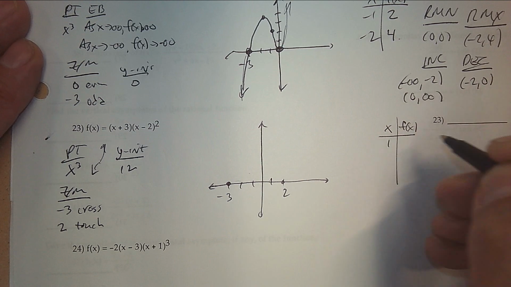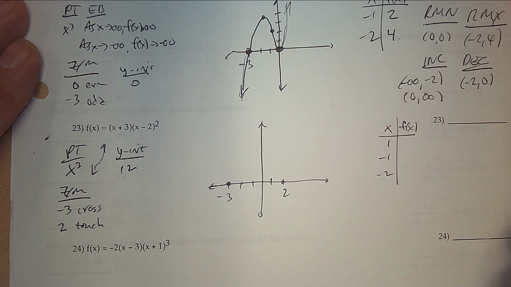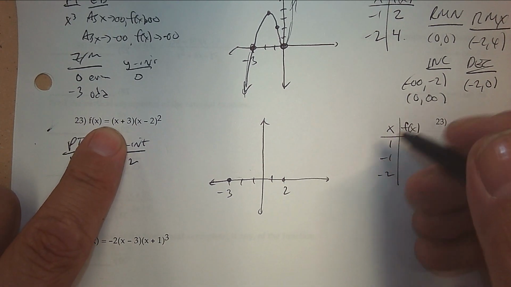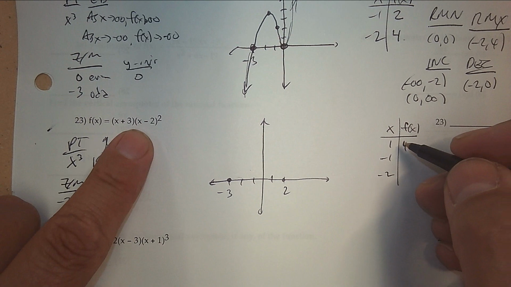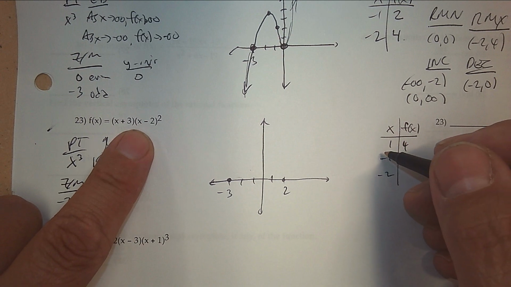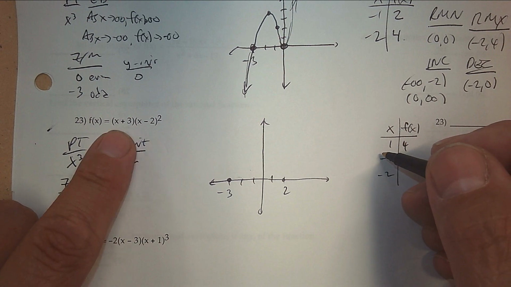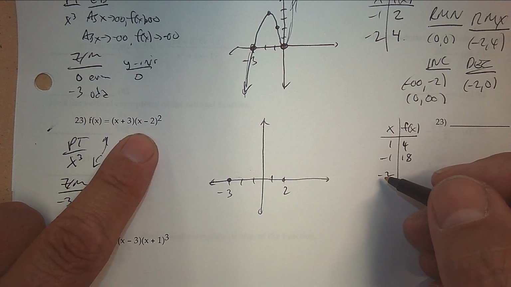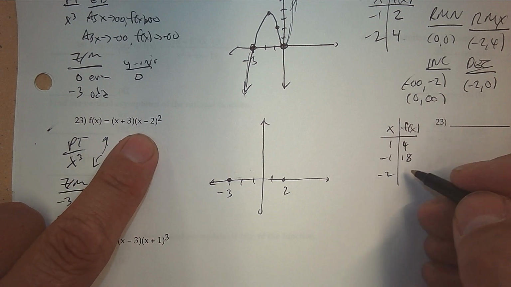So like 1, negative 1, and negative 2. If I plug in 1, I get 4. If I plug in negative 1, I get 9 times 2, which is 18. If I plug in negative 2, I get 16.